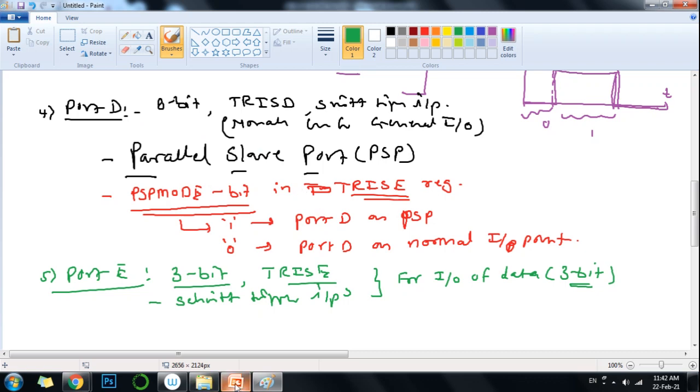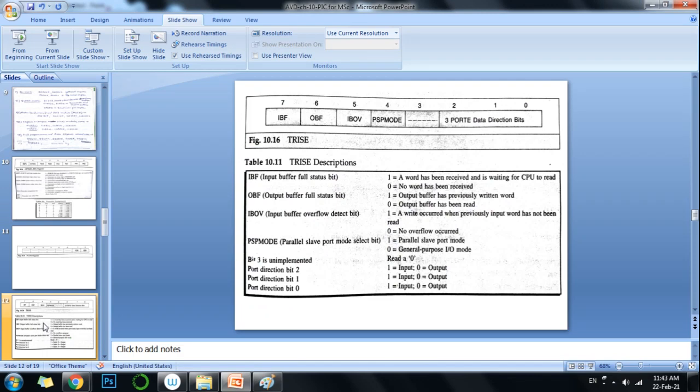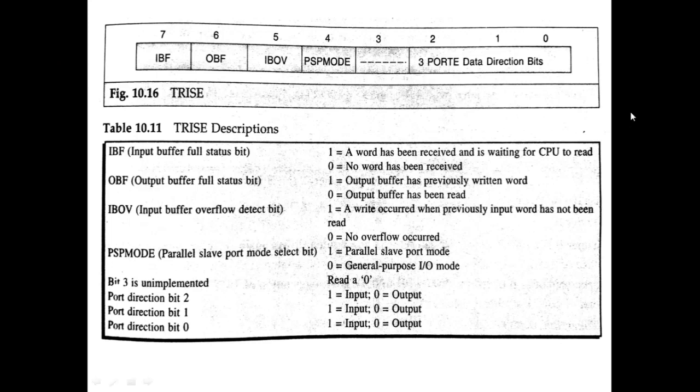For that you can look at this particular structure of your TRIS-E register. This is the structure of the TRIS-E register.